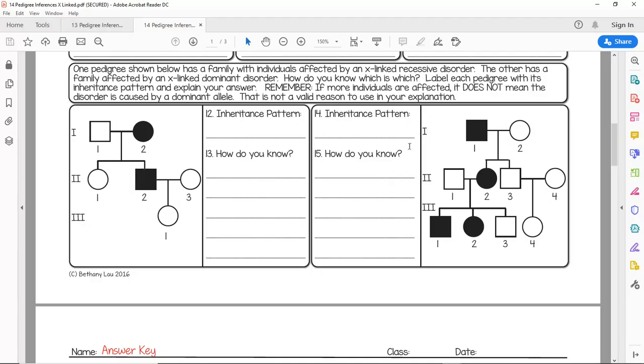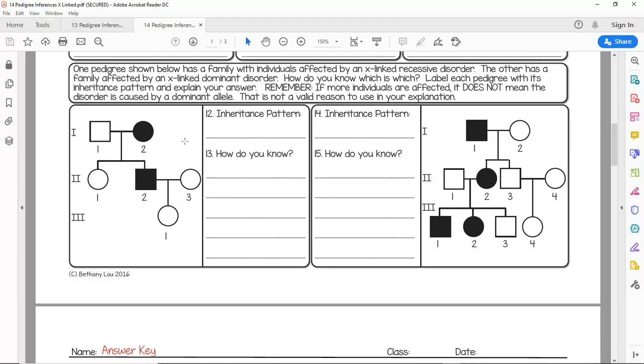The one on the right, again, remember, is the sex-linked dominant trait. If it's a male and he's affected here, one capital letter R, whatever letter you want, and she's not affected, take a look. Let's go down. That would mean the children here from this one: father is affected, daughter must be affected.